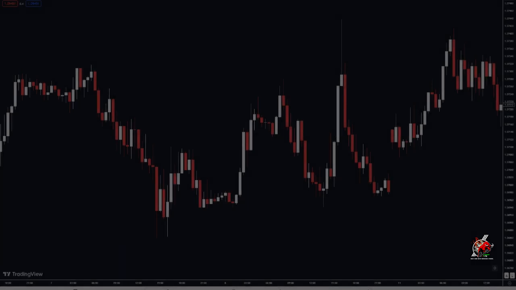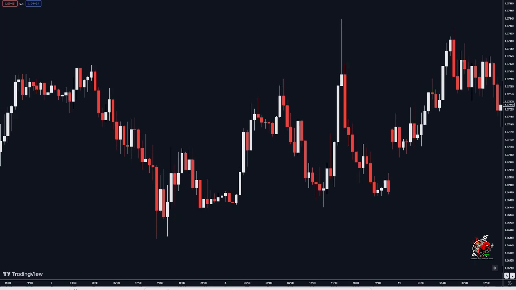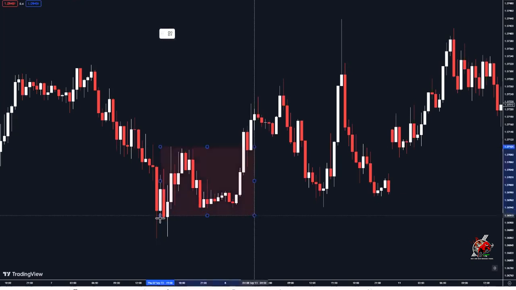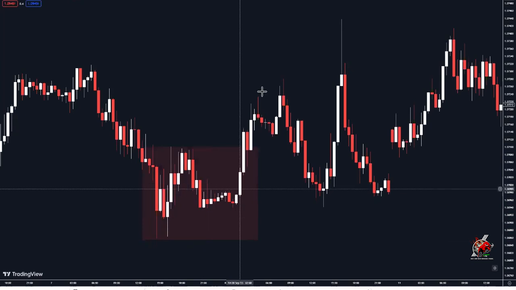You can already see what I meant about these consolidations, right? So as we can see right here, the market was consolidating, so it is not a nice consolidation, right? It's not that clean. But then once you know where the market breaks the structure, you know that it breaks out of consolidation.